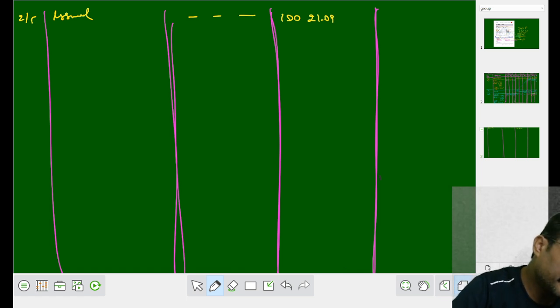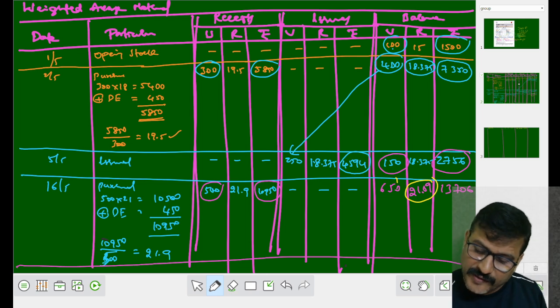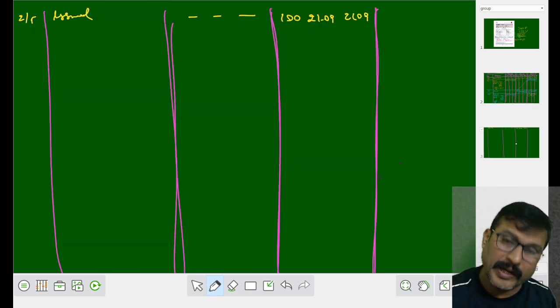100 into 21.09, it comes to 2,109. Right? See, out of 650, you issued 100. Subtract.